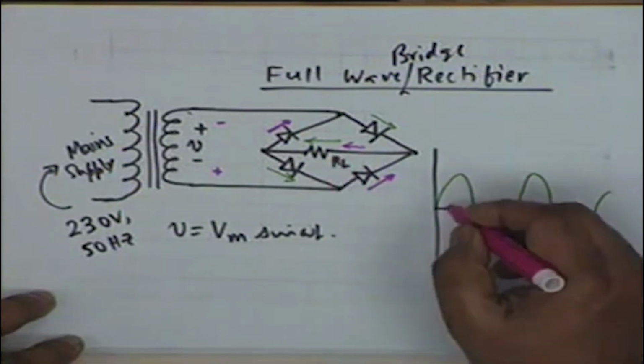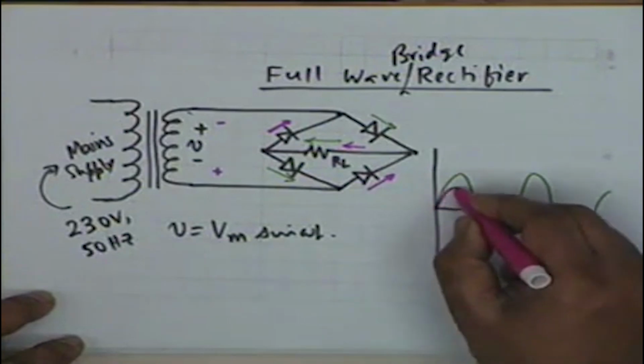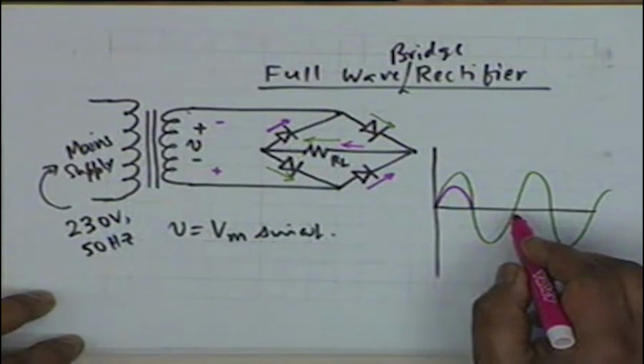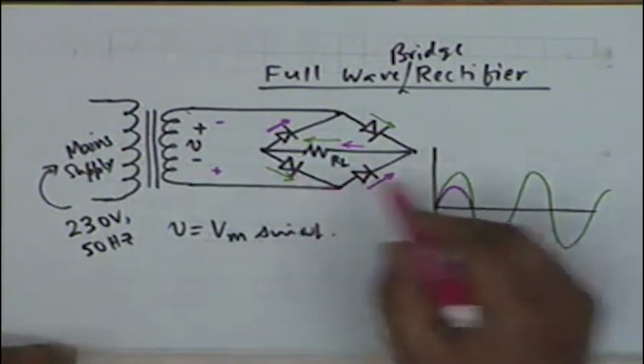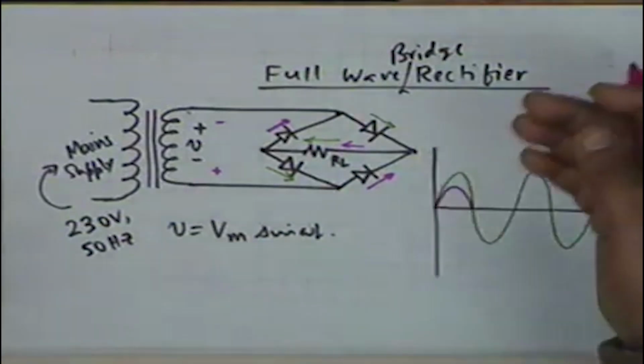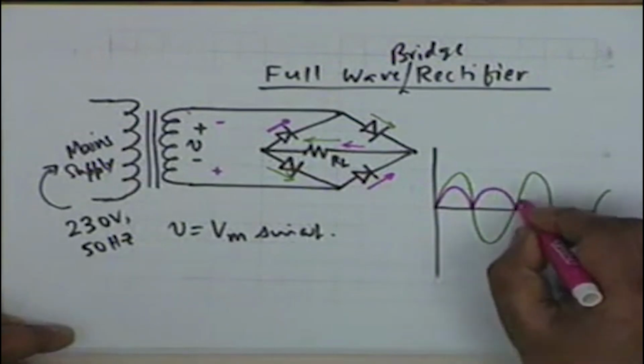All right. So Vm sin omega t by RL, and it will flow like this. During the negative half also current flows in the same direction, and therefore it is as if the negative half is flipped into the positive half, and the current flows like this.